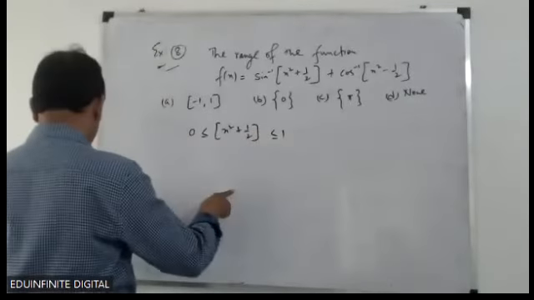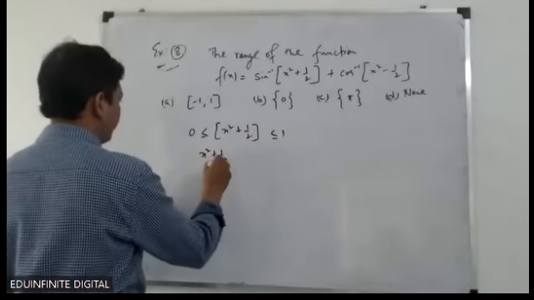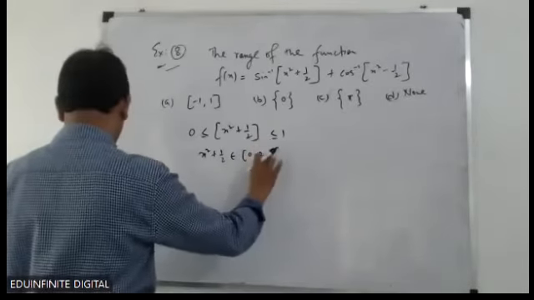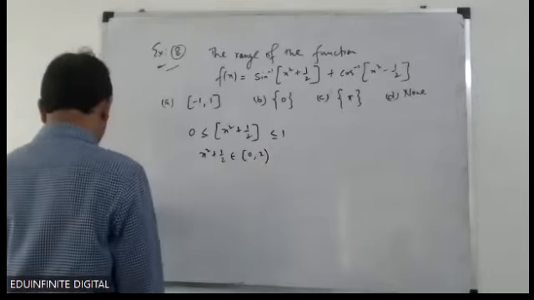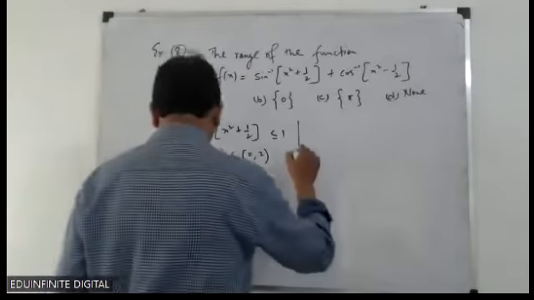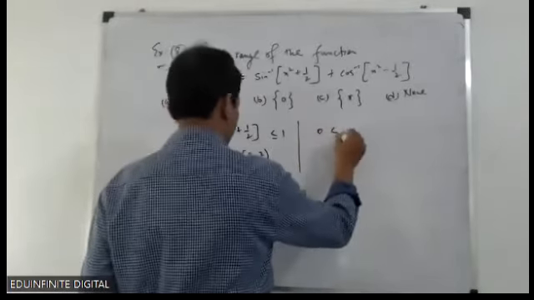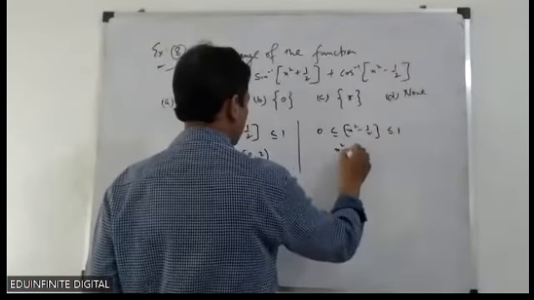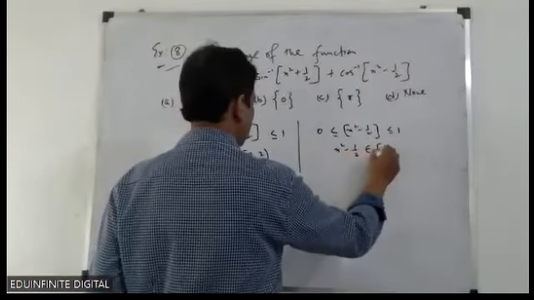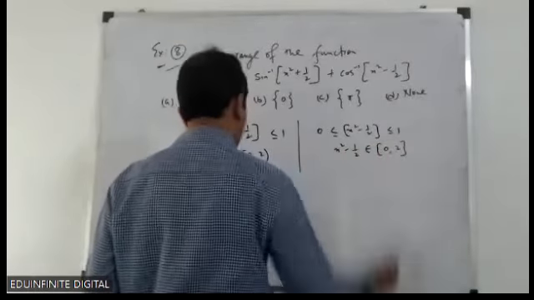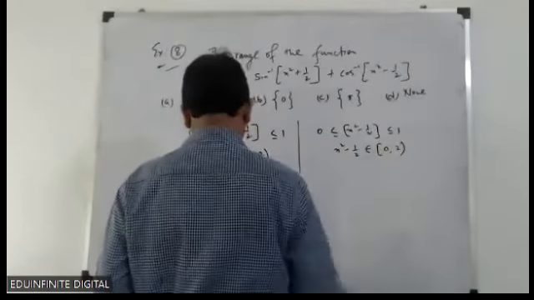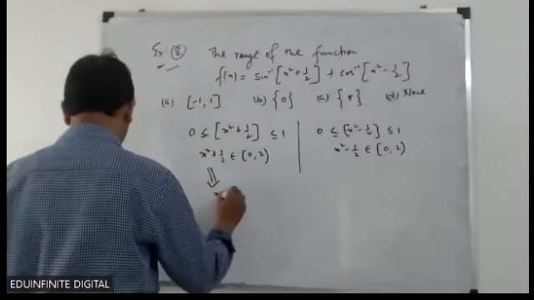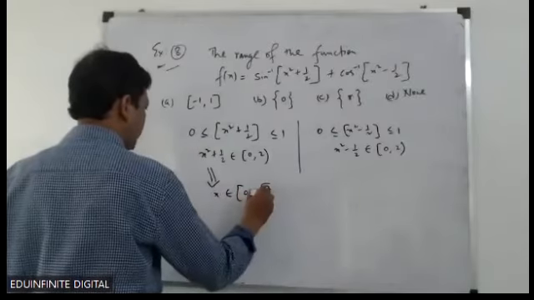So x square plus half belongs to 0 to pi by 2. Okay, this is one hint. So from here, you can get x belongs to 0 to root 3 by 2.